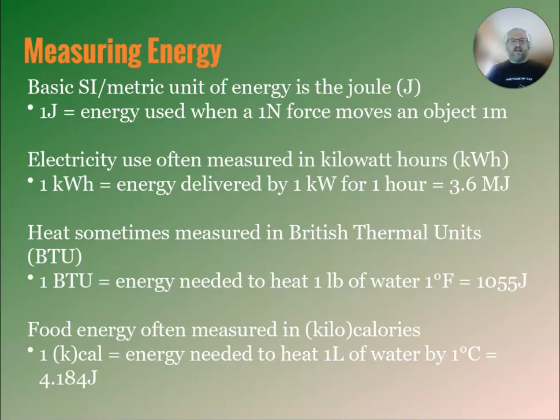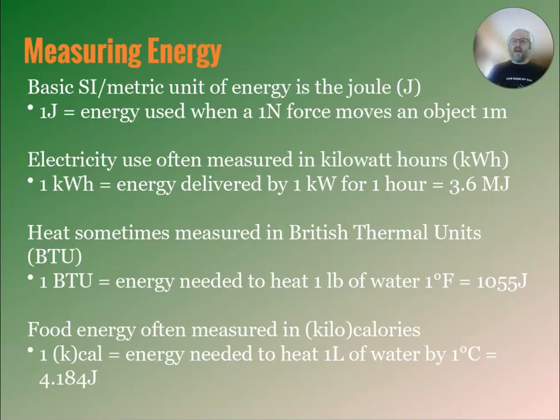Another unit of energy that you may run into a lot, especially when we're talking about powering our homes and our cars, might be a kilowatt hour. A kilowatt hour is defined as the energy delivered by 1 kilowatt for 1 hour, as the name suggests, and that ends up being equivalent to 3.6 megajoules.